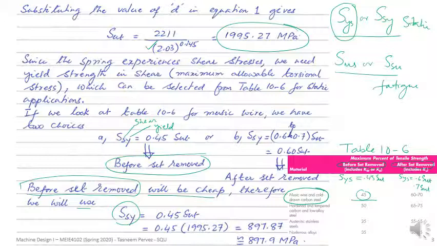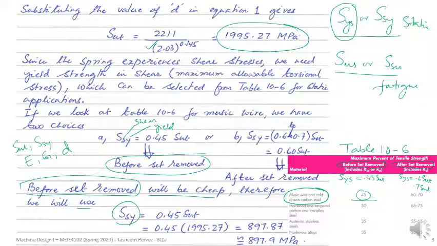So with this one, I know now three things. I know what is S ultimate. I know what is SY. I also know what is E from previous. I also know G and I also know the wire diameter. So material properties are done.